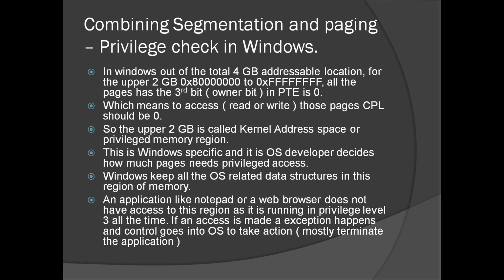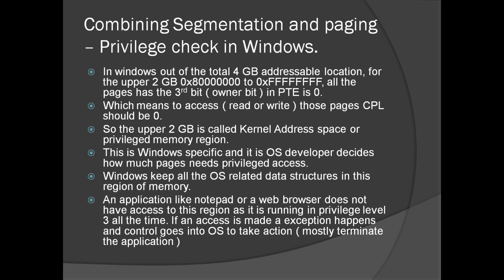So now how is this implemented in Windows? In Windows, out of the total 4 GB addressable space, or the 4 GB segment, the upper 2 GB of all the pages has the third bit in the PTE as 0, which means to access those pages the CPL should be 0, which means that the processor should be running in kernel mode, or the code segment RPL should be 0.